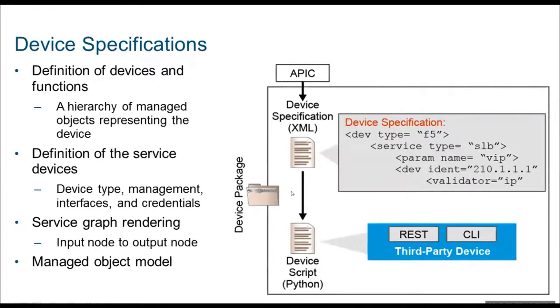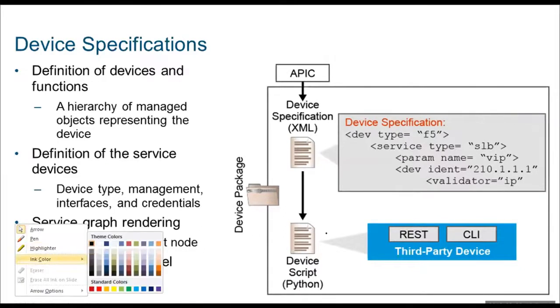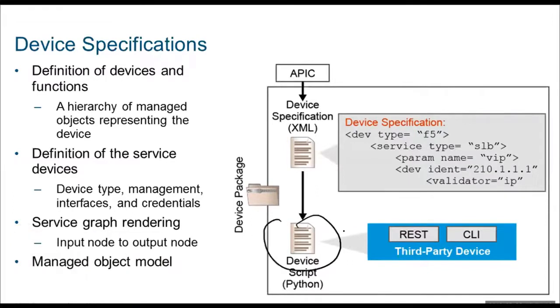Now notice it says the device script file, its responsibility is to render the messages, convert. So this is all in the APIC, remember, when you're making a change, changing a firewall rule.